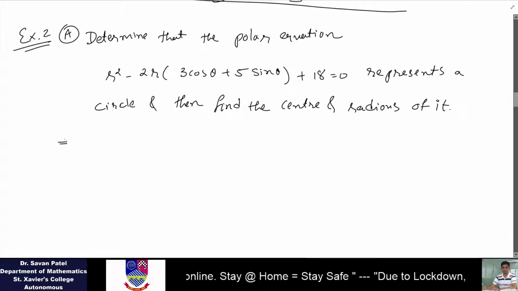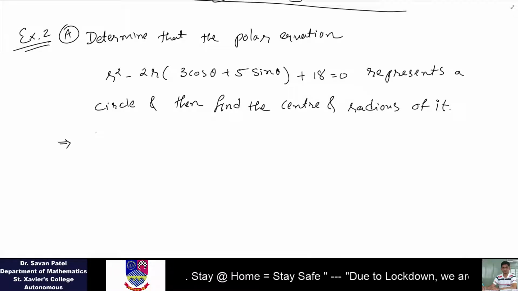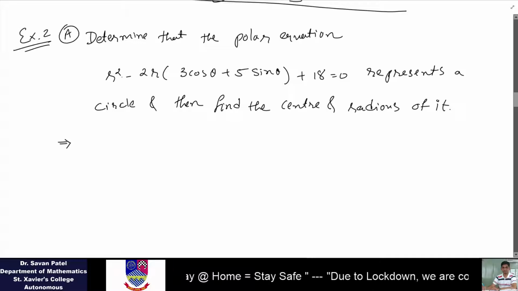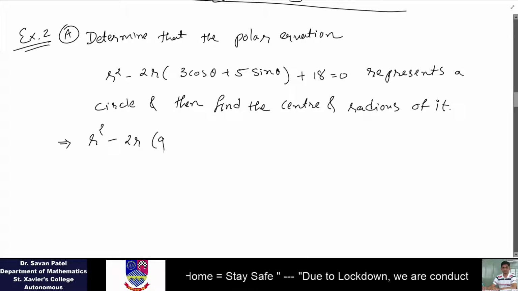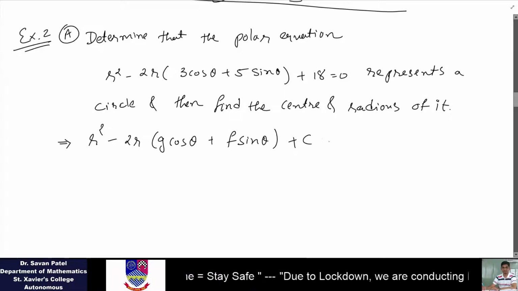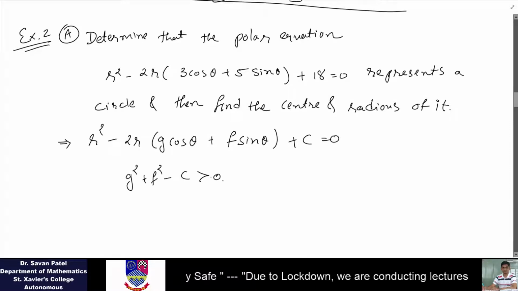Okay, so you know that the general equation of circle looks like r square minus 2r g cos theta plus f sin theta plus c is equals to 0. Then this represents a circle only if g square plus f square minus c is greater than 0.